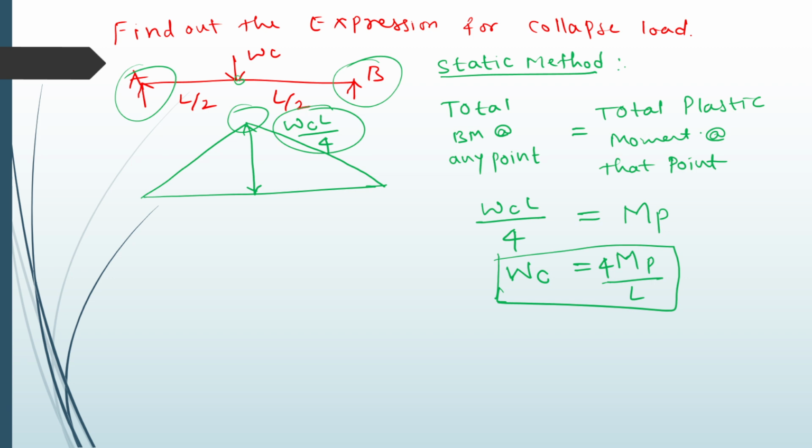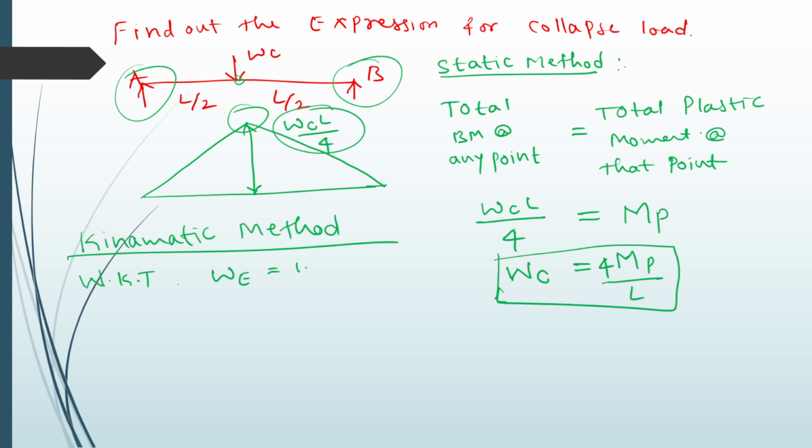And we can also identify it by using the kinematic method. So the second method is the kinematic method. In the kinematic method, we know that external work done equals internal work done, the principle of virtual work.